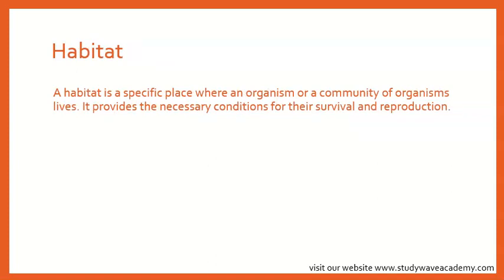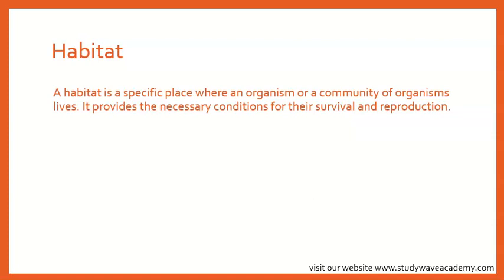Habitat. A habitat is a specific place where an organism or a community of organisms lives. It provides the necessary conditions for their survival and reproduction. A habitat is like an animal's or plant's home.